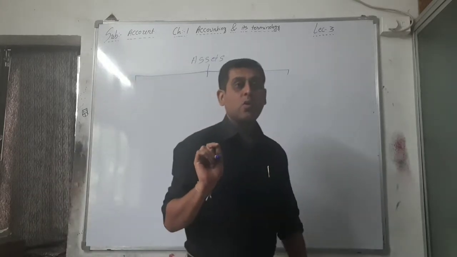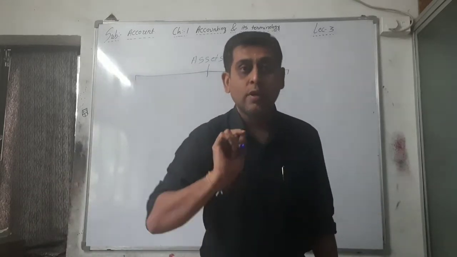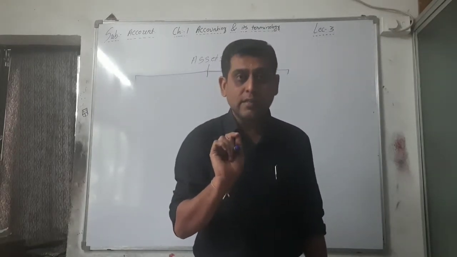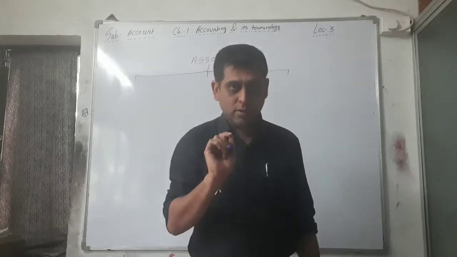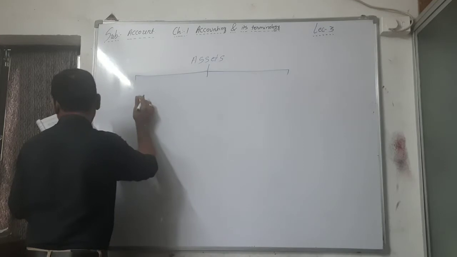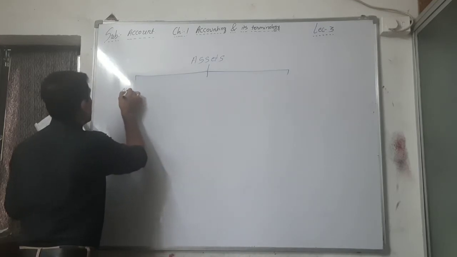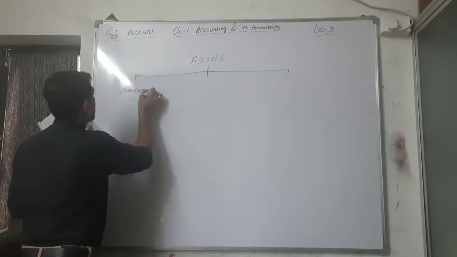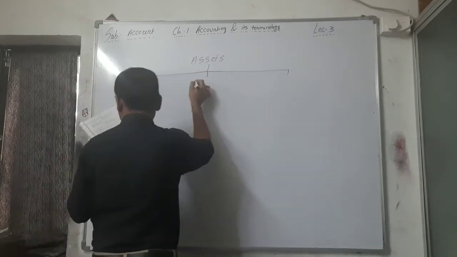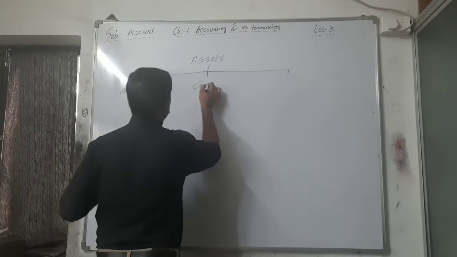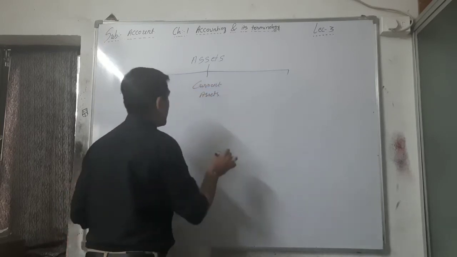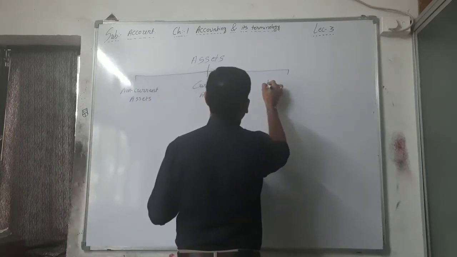In normal and simple words, whatever is useful in the future for the business is an asset. Now see here, there are 3 types of assets. First one is non-current assets. Second one is current assets. And the third one is fictitious assets.